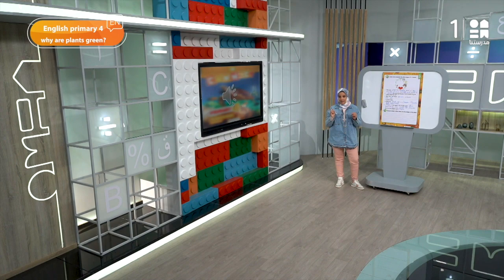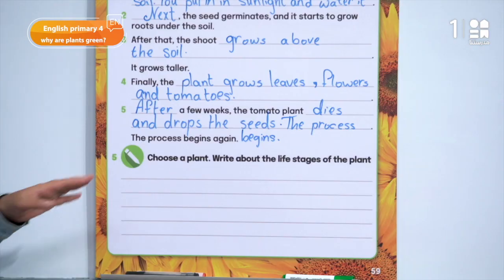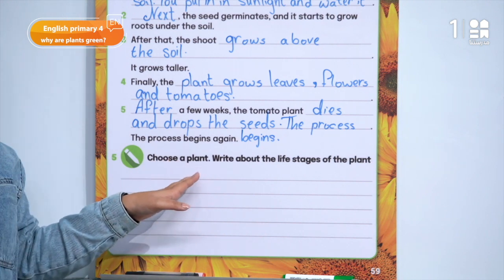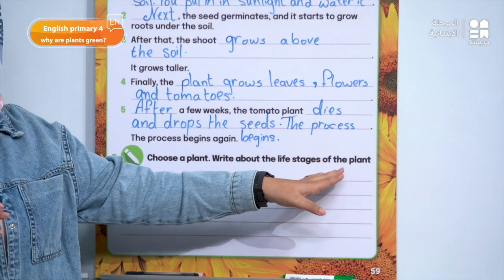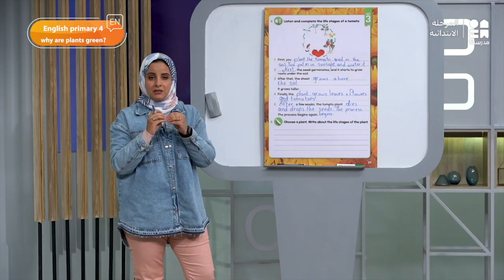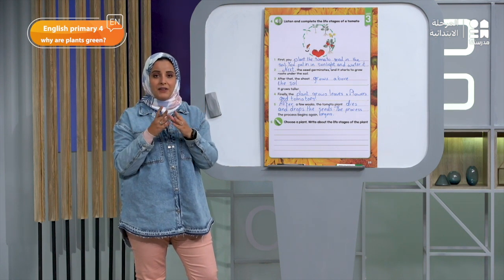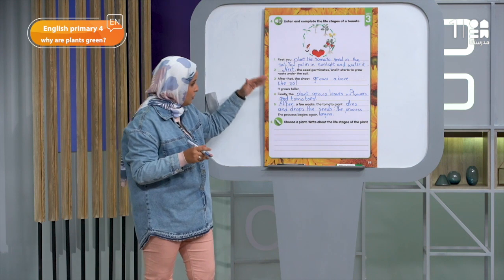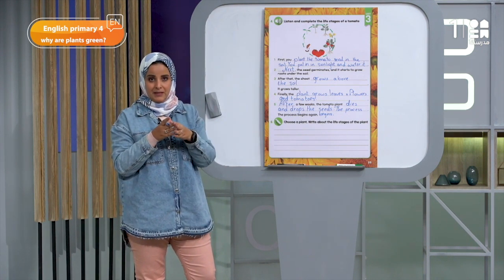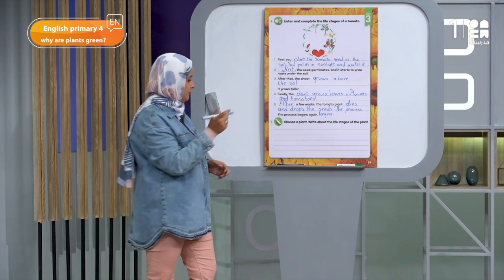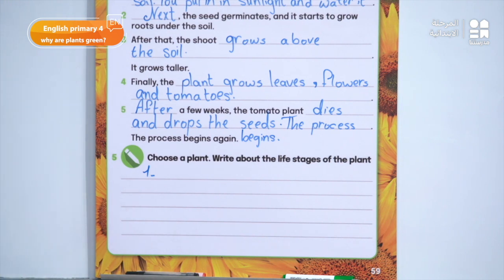Now, exercise number 5. What does it say? Choose a plant. Write about the life stages of the plant. Let's choose any plant, say, the bean. What are we going to do? We are going to write the same stages but for the bean. Let's try the first one together. Can you tell me number 1? What will number 1 be?